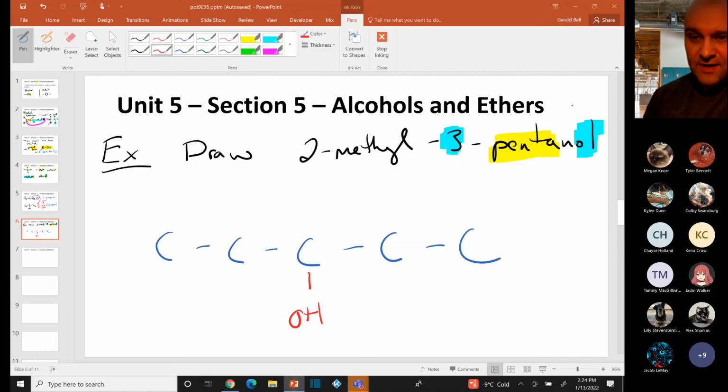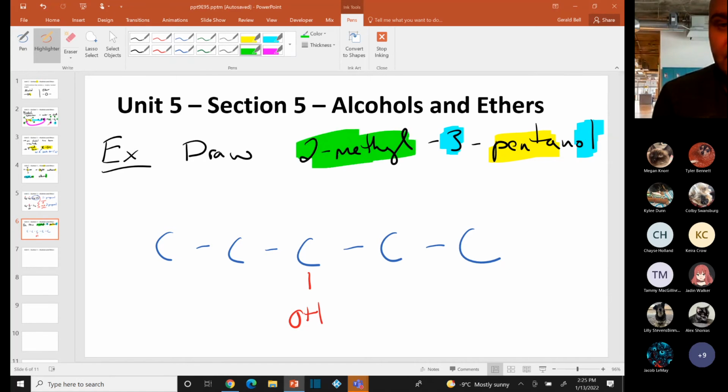Okay, so hopefully you got it that far. Where'd the cursor go? And our next thing here is we need a methyl group on the second carbon. I guess either side could be the second carbon at this point, so let's just go here. And that's our methyl group.